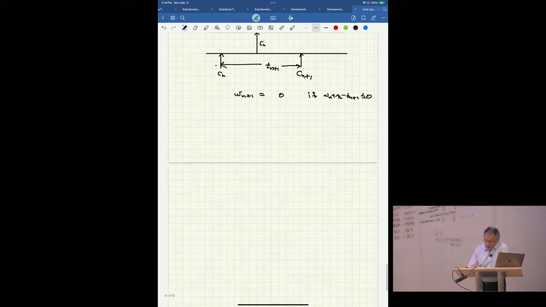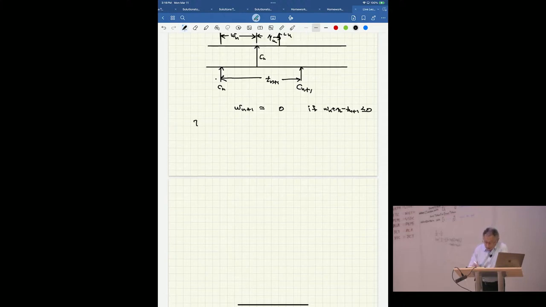So I want to define an obvious and important random variable, the difference between service time and inter-arrival time. Define this variable U sub n equal to xn minus Tn plus 1. That's a definition. And by the way, I'll warn you now, we will need the expected value of U sub n to be less than 0 for a stable system.